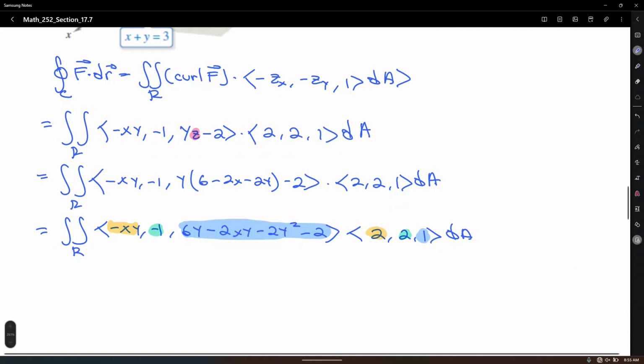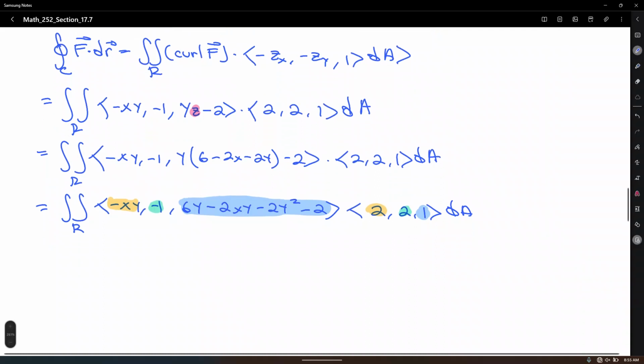So, negative xy times 2, that's number 1. The integral over the region R, parentheses, no more vector notation because the dot product between two vectors is a scalar. So, negative 2xy, negative 1 times 2, that's minus 2, and all this 6y minus 2xy minus 2y squared minus 2, dA. Do we have any like terms?